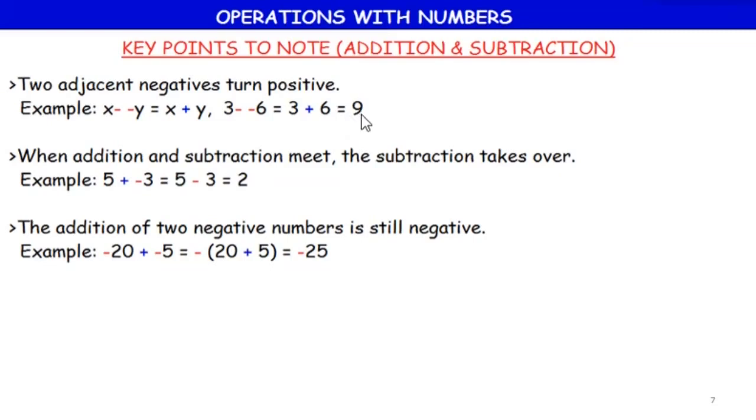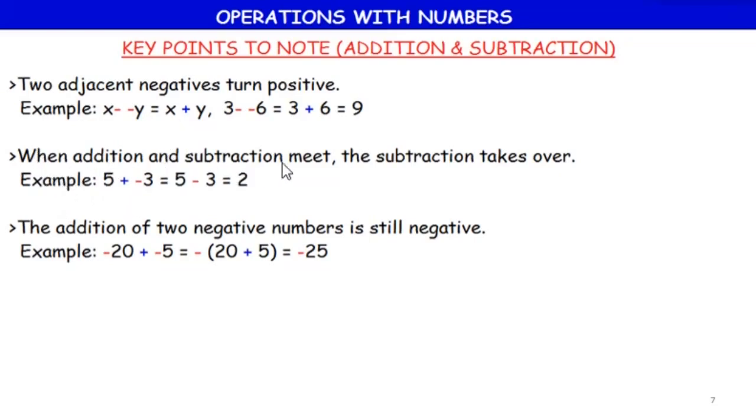That is one key point you have to note whenever you are dealing with numbers in respect of the operations: when two negatives meet or come together, they are going to produce a positive operation, or an addition operation, right? Okay, let's move on.